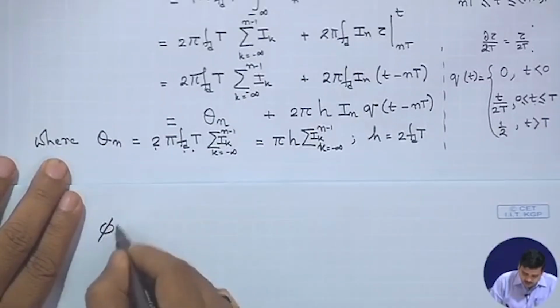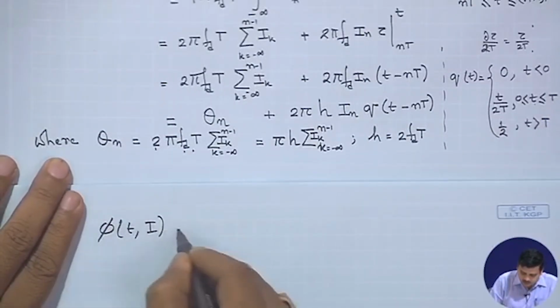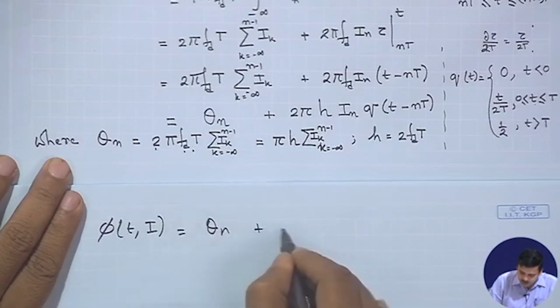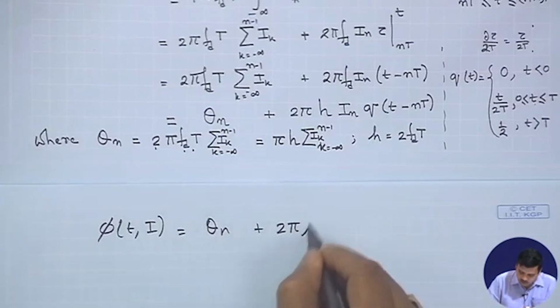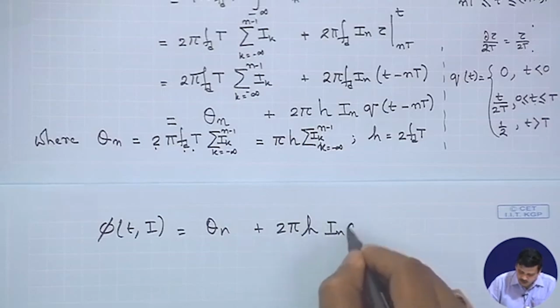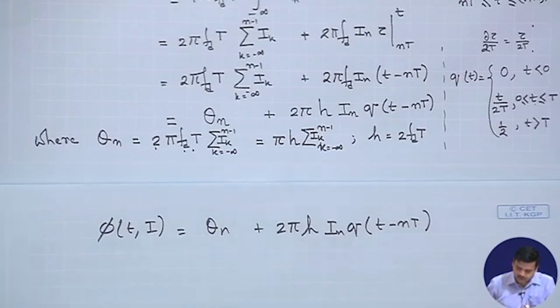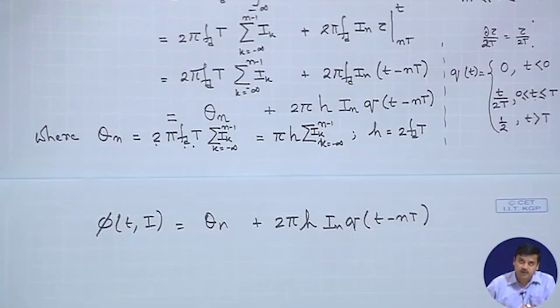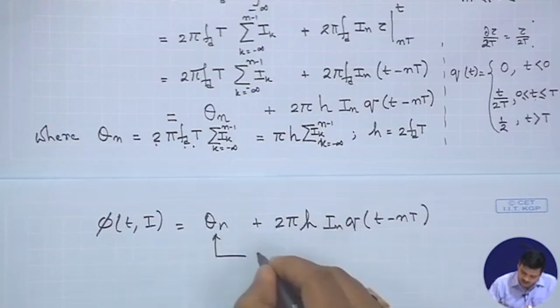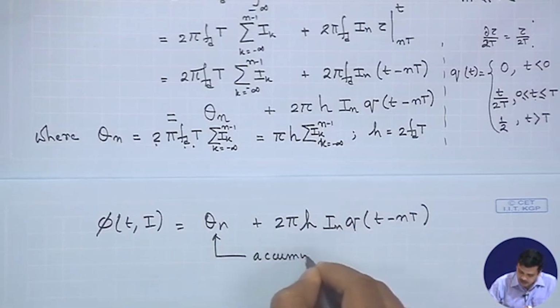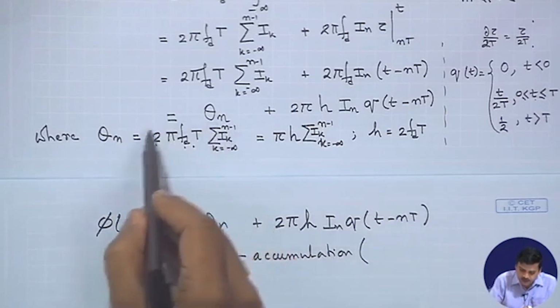So, that way you could write this phi of t comma I, which is a function of t and I, in a clear form as phi of t comma I equals theta n plus 2 pi h I n into q of t minus n t. Now, why do we write it in this form? This would be of notational advantage very soon, where we identify this theta n as accumulation, because theta n is the summation.